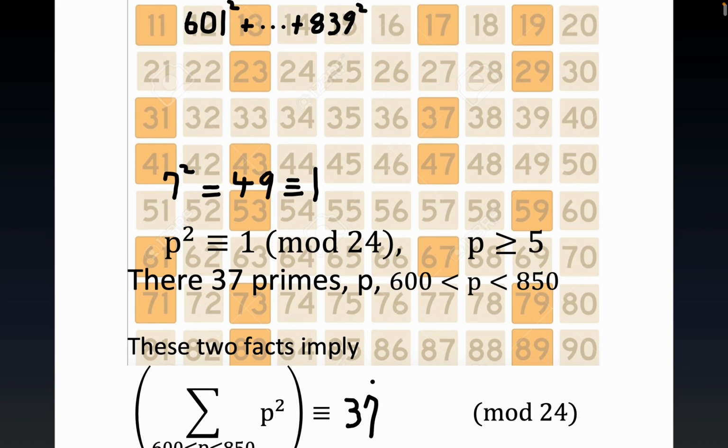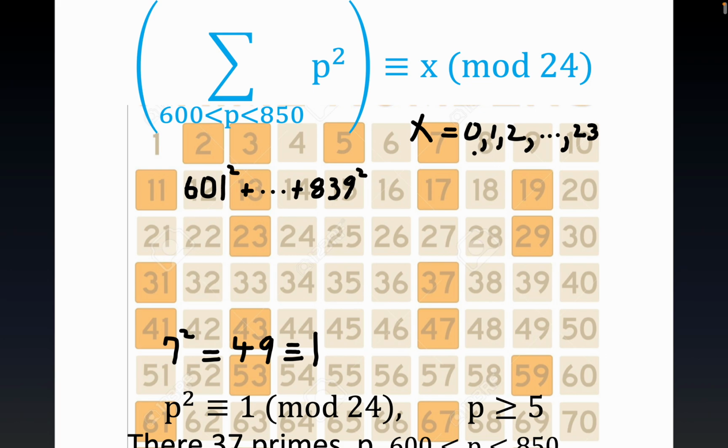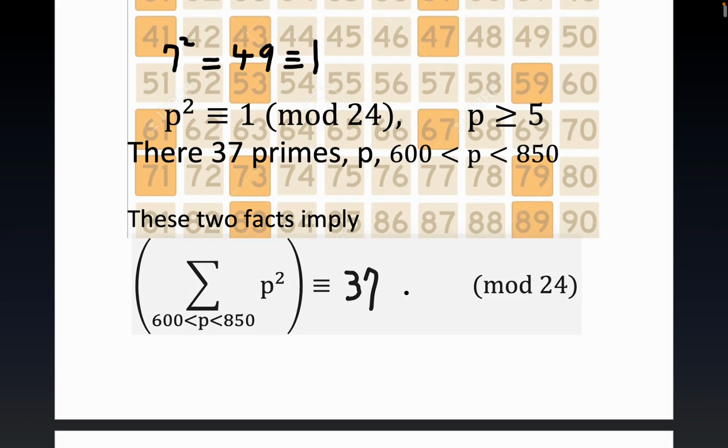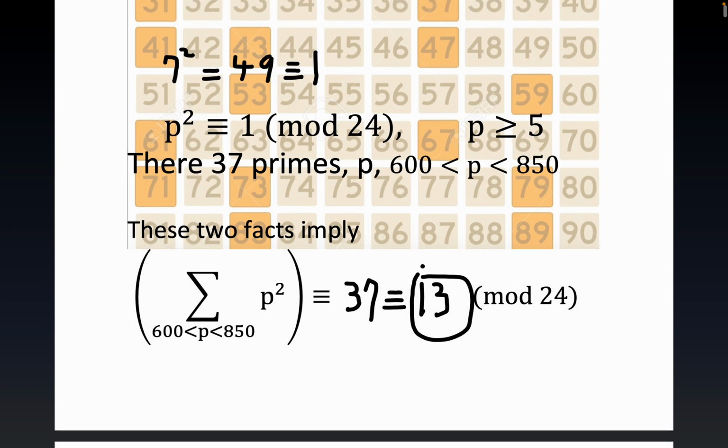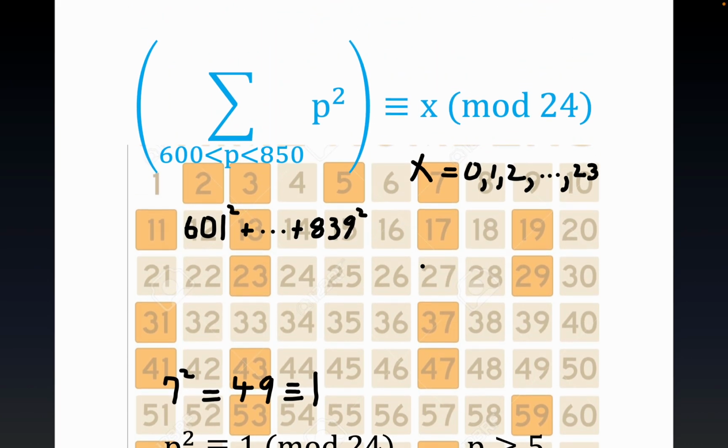But notice that we're supposed to write it as a member of the reduced residue system. So we have to note that this would be congruent to 13. Yeah, that's the answer to the problem. x equals 13.